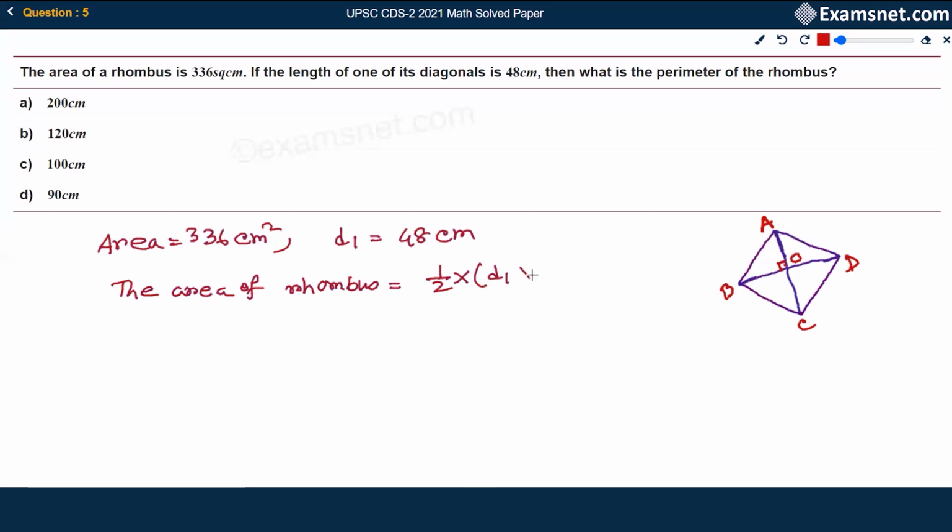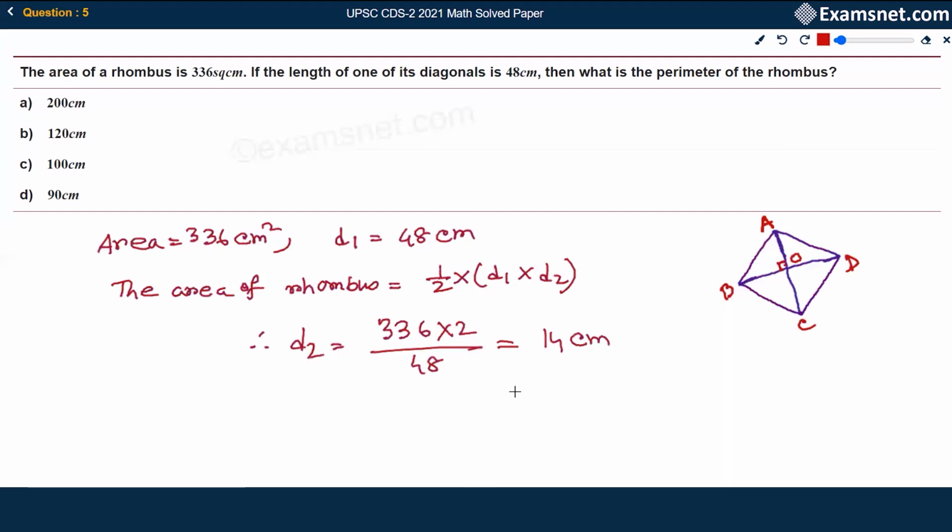Let's say D1 multiplied by D2, where D1 and D2 are the lengths of the diagonals. Okay, so here, therefore, we can find D2 equals 336 multiplied by 2 by 48. That will give us the value 14 centimeter.